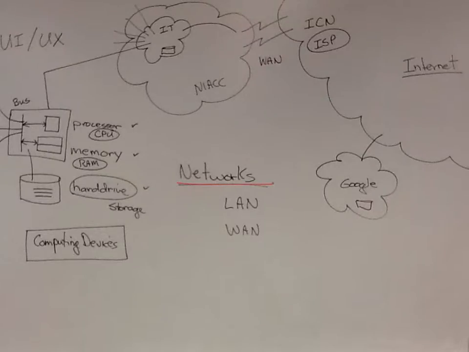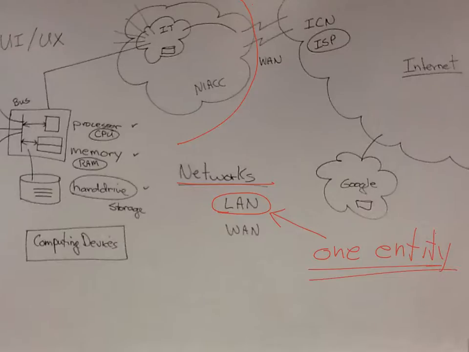Over here we talk a little bit about networks. For example, here at the college we have a local area network. Basically, typically under the management of one entity, business, company, whatever, typically, and in the same basic area, geographically.